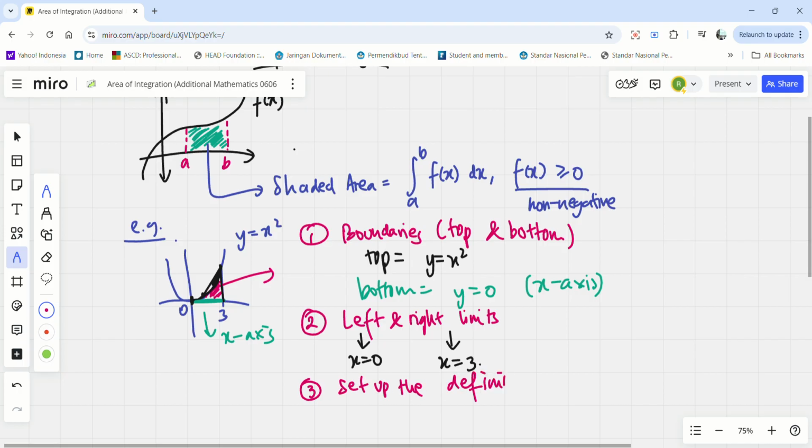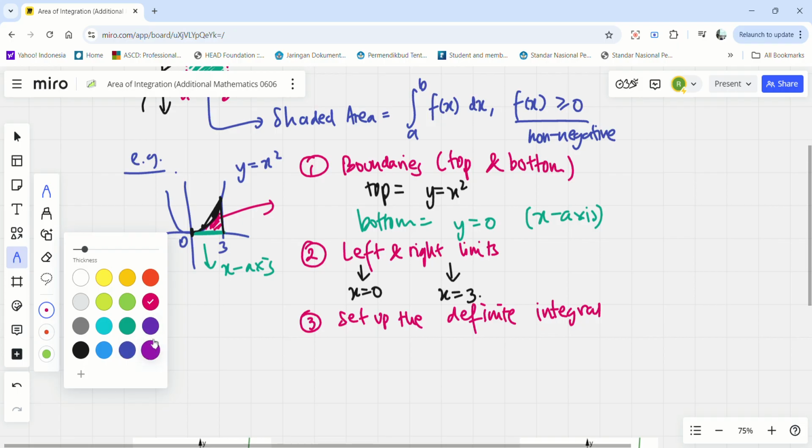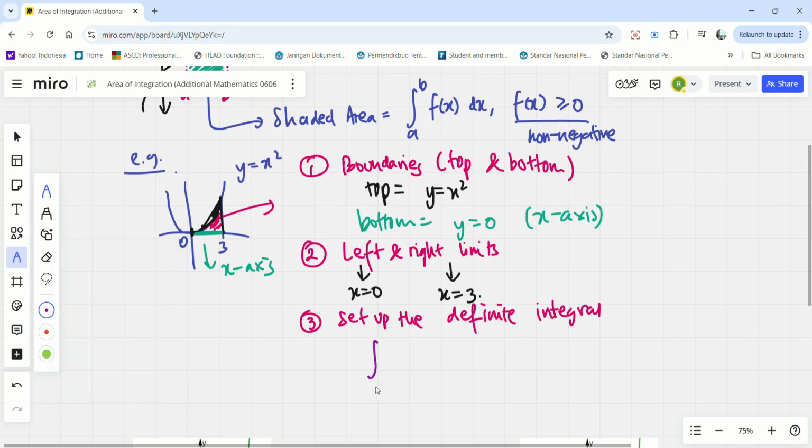When we set up the definite integral, in this case I put it as the integration from 0 to 3, the left and right limits, of the top minus bottom, with dx. In later discussions we can have dy as well.